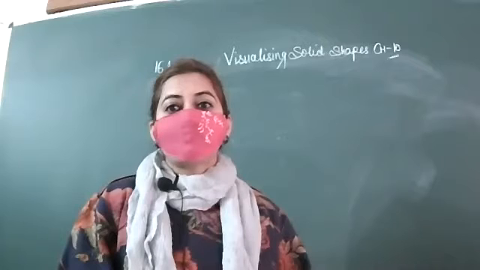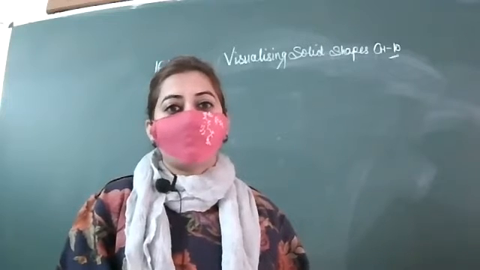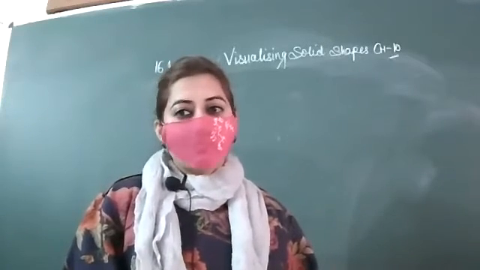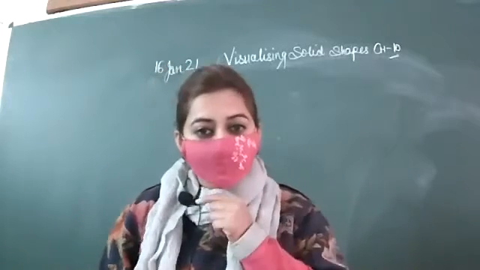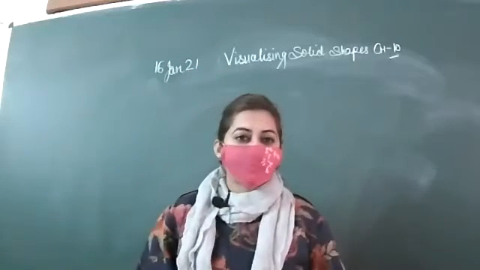A prism is a polyhedron whose top and base are congruent polygons. Congruent means whose shape and size are exactly same.